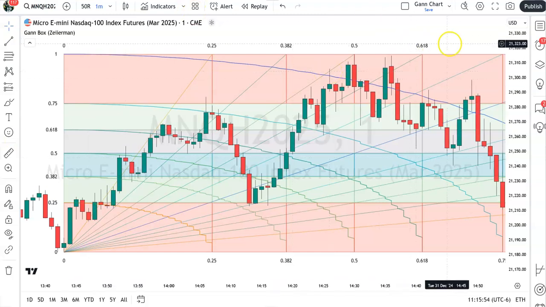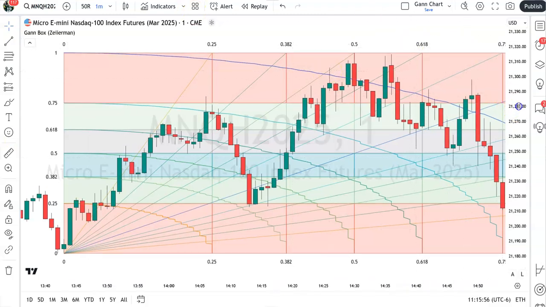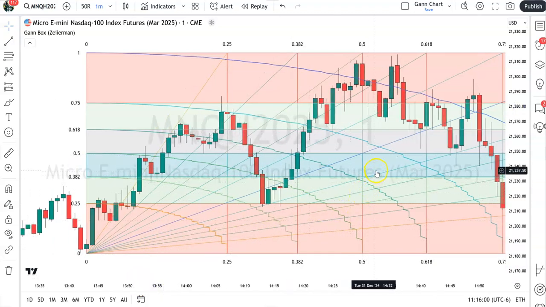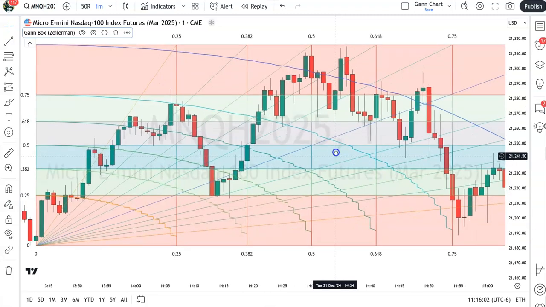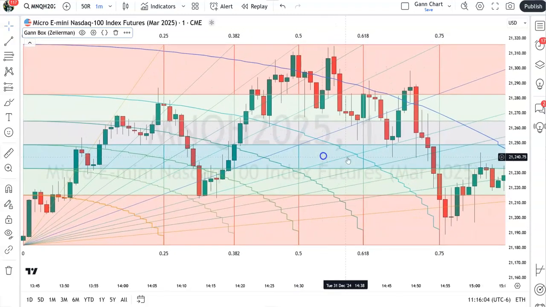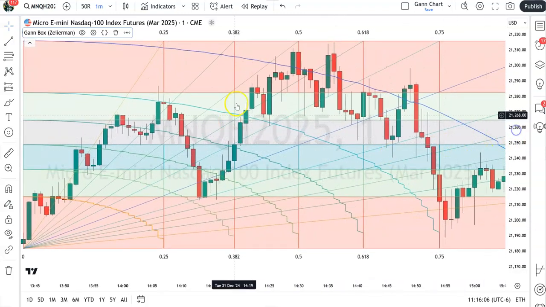Now, let's just look at these areas and find potential support, resistance, and possibly predicting some price movement. So what you'll notice here, everything generated starts here.